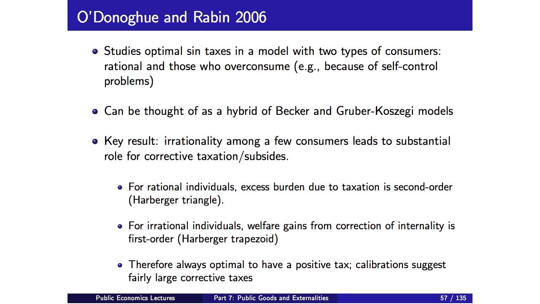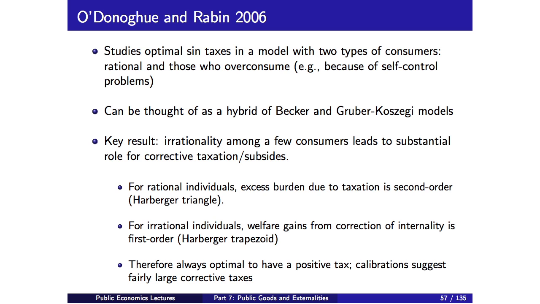The key result that they have is that irrationality among a very small fraction of consumers, like let's say 5% of people, who smoke too much or eat too many hamburgers or whatever. So Matt Rabin has been arguing that we should have a fat tax. So suppose you even have a small fraction of guys who have this problem of overconsumption, and 95% of the people are rational.